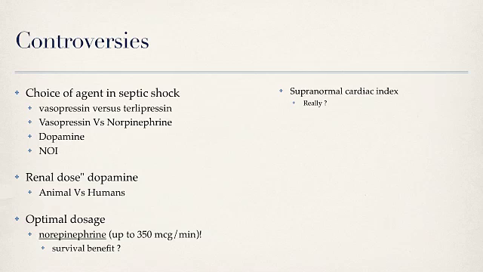Renal dose dopamine has been debunked a long time ago. It had been useful in animals but never in humans, and actually I consider renal dose dopamine like a Lasix drip. Dopamine increases glomerular blood flow and hence increases urine flow.